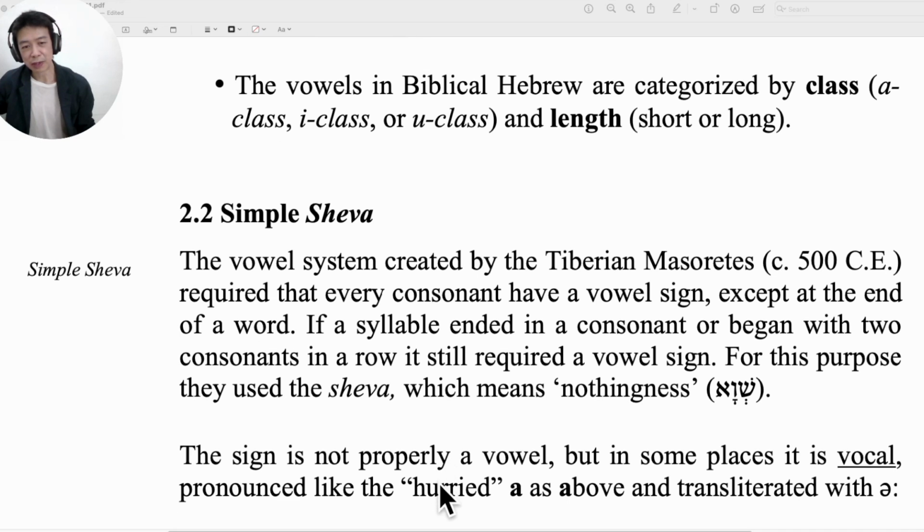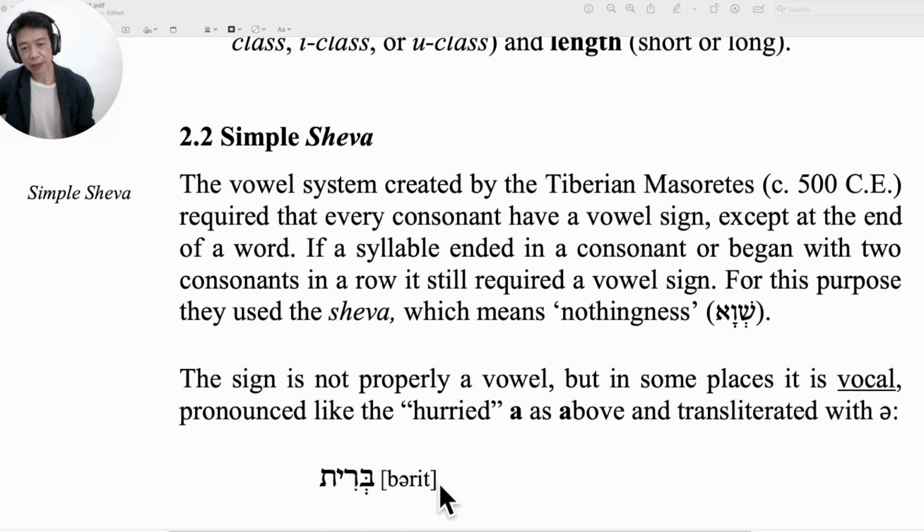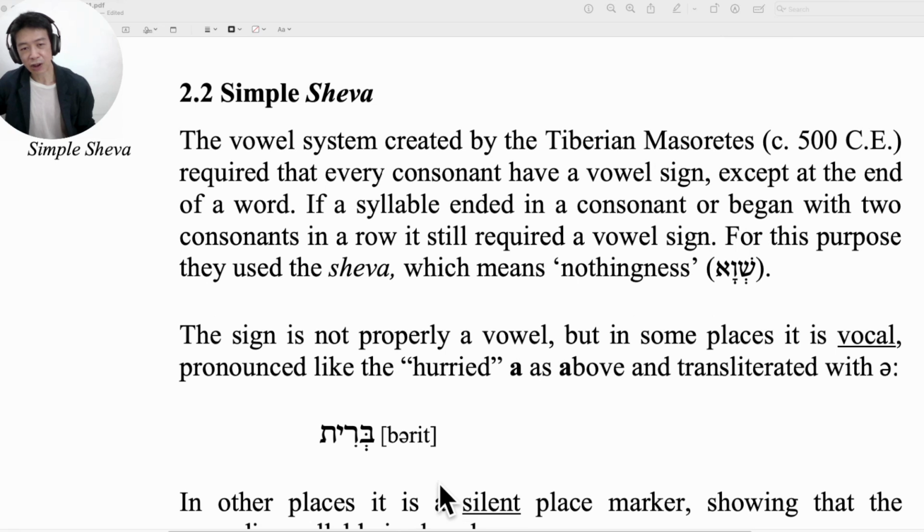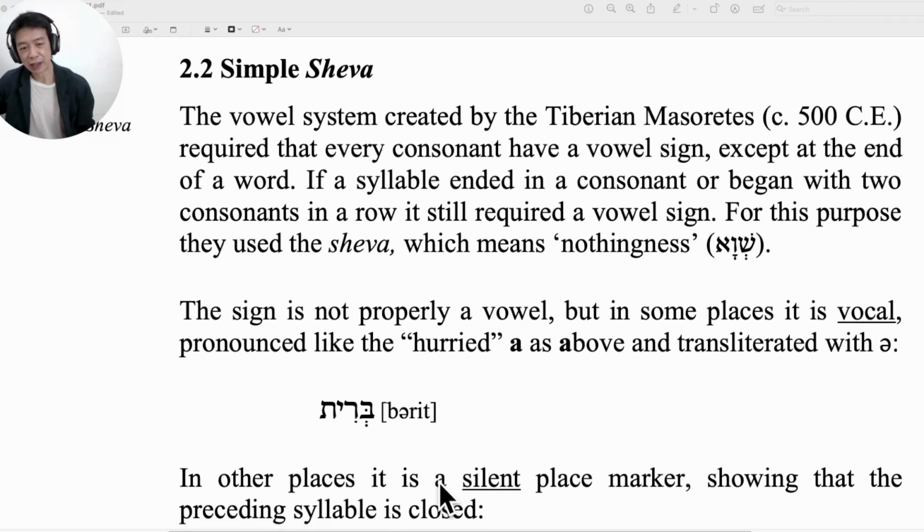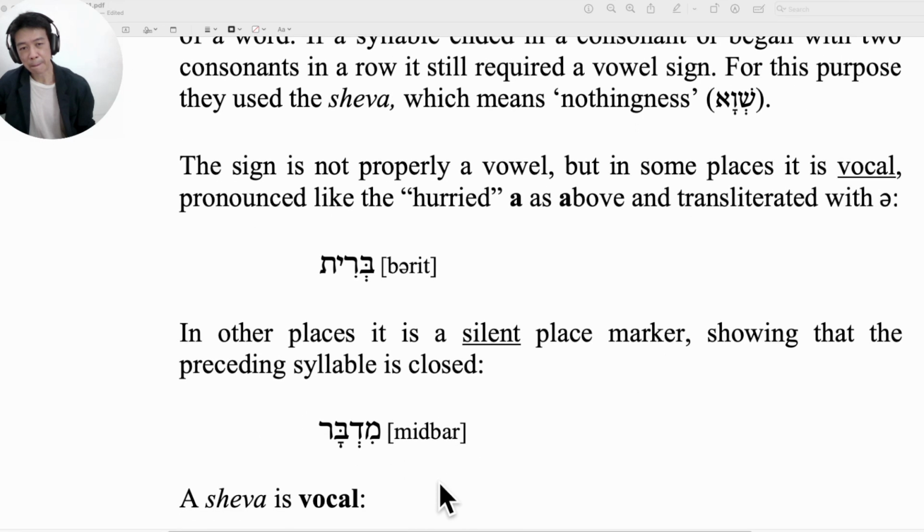For this purpose, they use the Sheva, which means nothingness. The sign is not properly a vowel, but in some places it is vocal, pronounced like a hurried ah, as in above, and transliterated with a reversed e. For instance, in this word, kavur, buried.